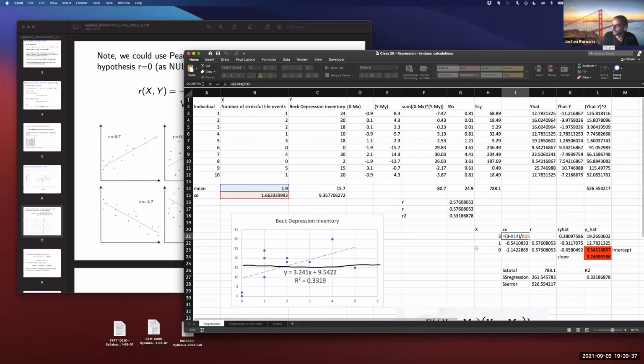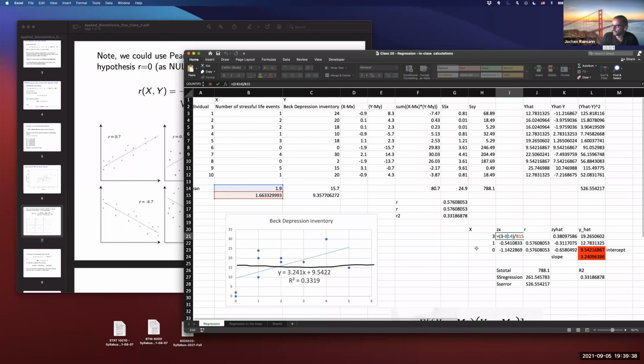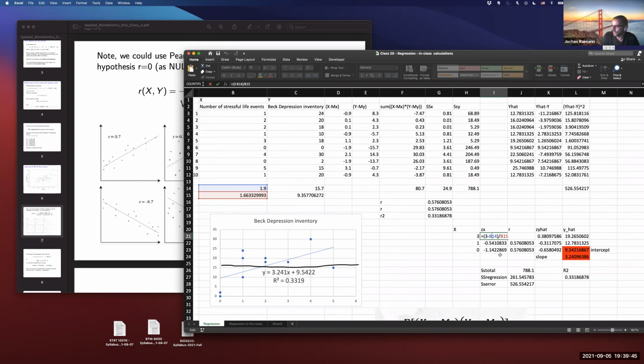You remember from your introduction to biostats that, based on your mean and your standard deviation, you can standardize your X. Your mean, 1.9, is your zero.